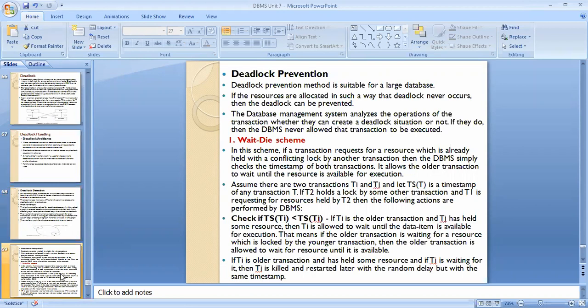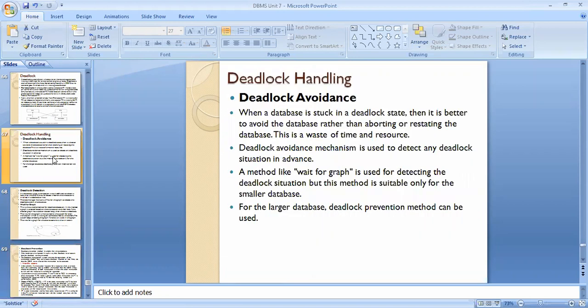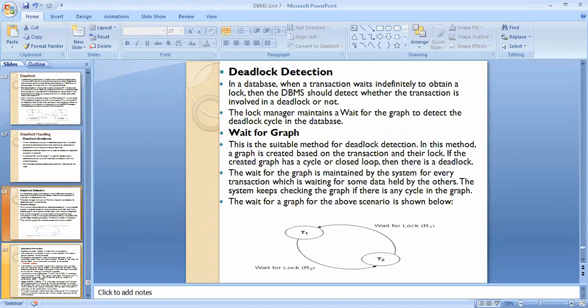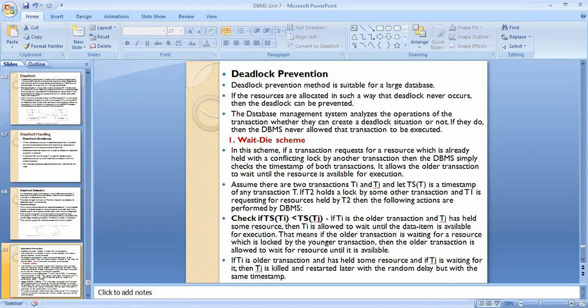These are the three ways by which we can handle the deadlocks: deadlock avoidance, deadlock detection, and deadlock prevention. Everyone listen carefully, because deadlock is one of the important concepts, and a number of times in an exam there is a question on deadlock.